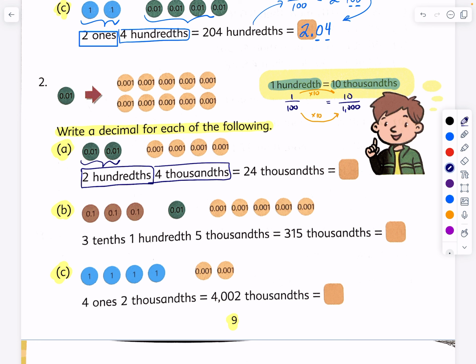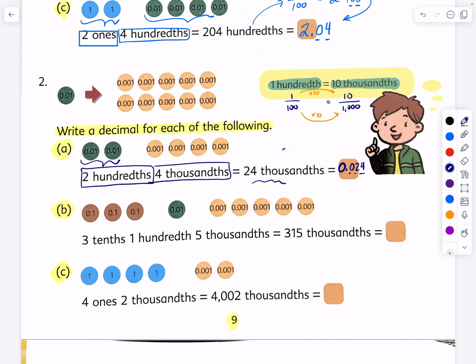We don't even need to go through this intermediate step. We can just say we don't have any wholes. It's 0.2, no, so sorry, 200. So of course, this would be 200ths and 4,000ths. So we would have 24,000ths. I guess it is helpful to go through the intermediate step.